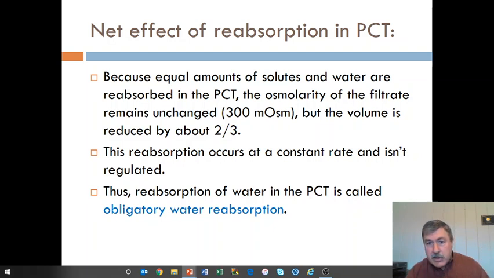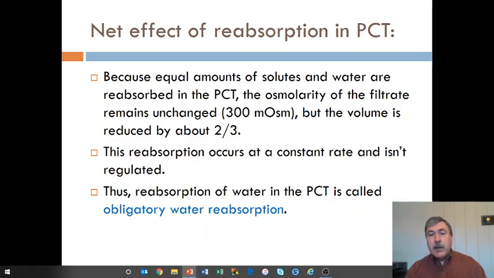So the concentration of the filtrate in the proximal convoluted tubule remains unchanged. It stays about 300 milliosmoles, which is about the normal osmolarity for the intracellular fluid. But by reabsorbing water and electrolytes and other substances, the volume of the filtrate is reduced by about 2/3.